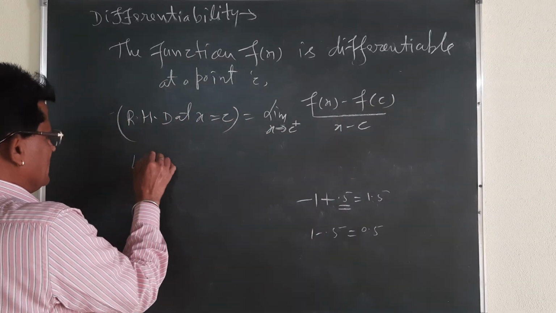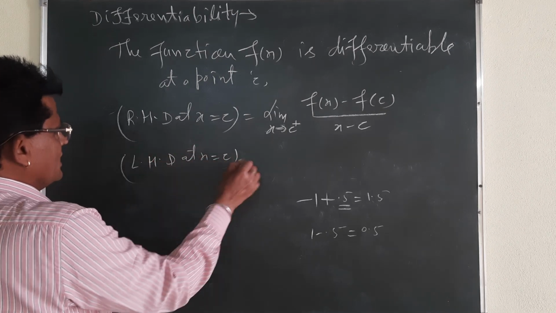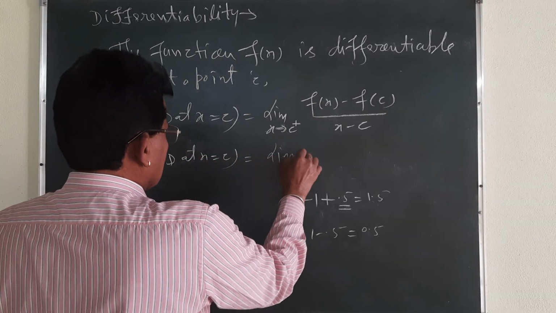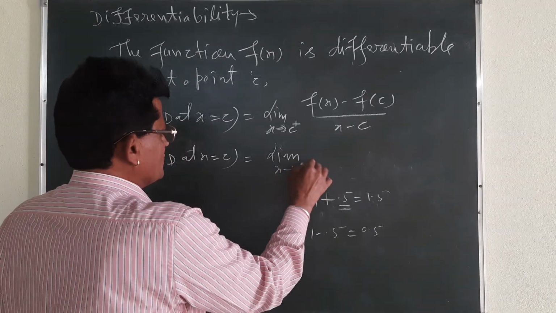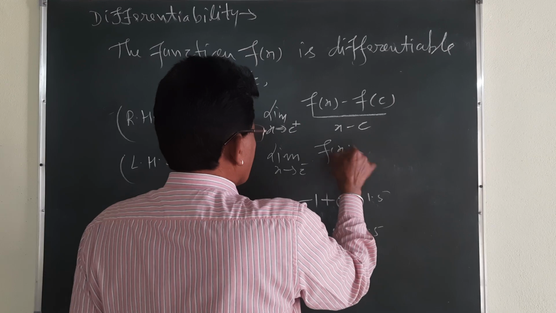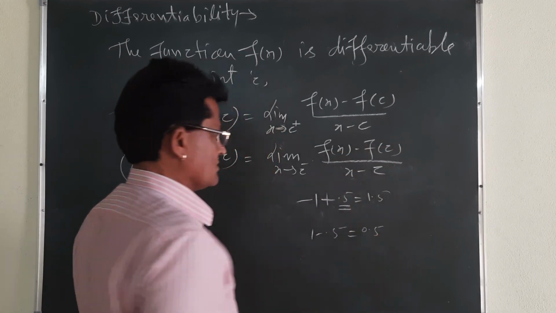Similarly, we will take the left hand derivative at x equal to c. See, what will be the left hand derivative? Similarly, as I told you, limit x tends to c negative of f(x) minus f(c) divided by x minus c.